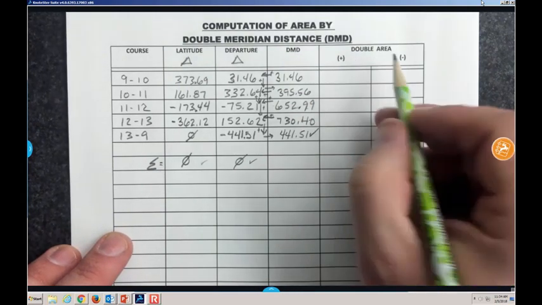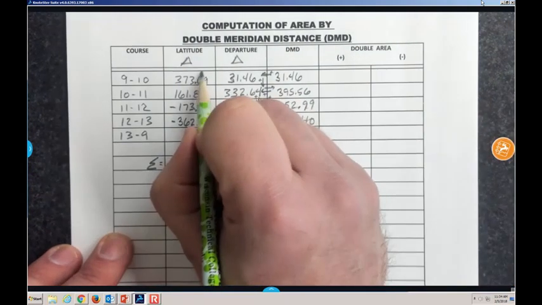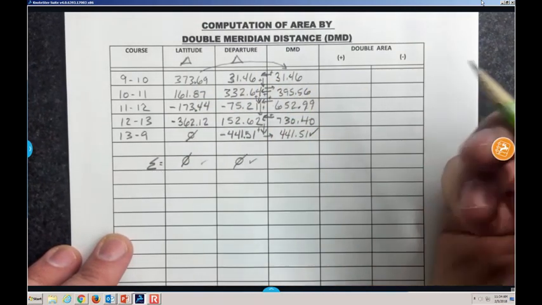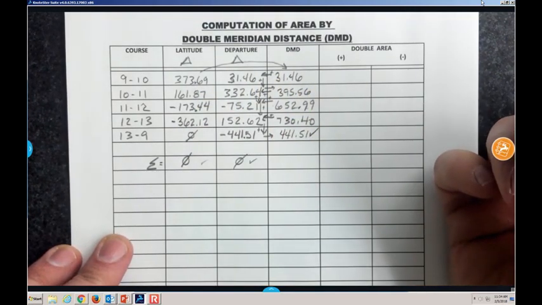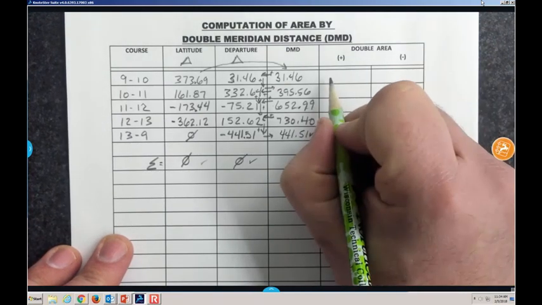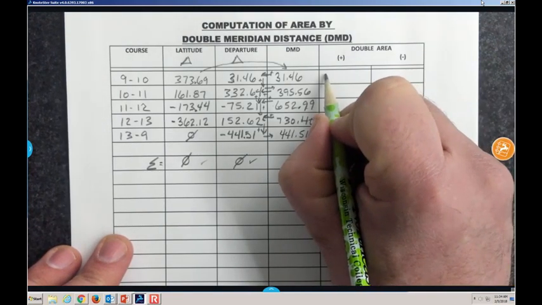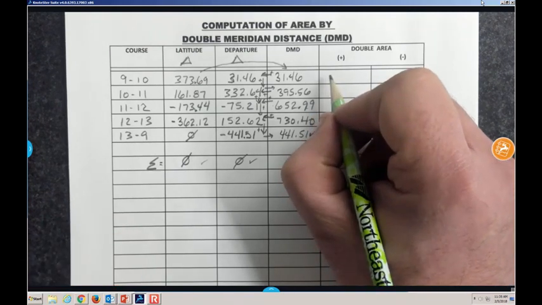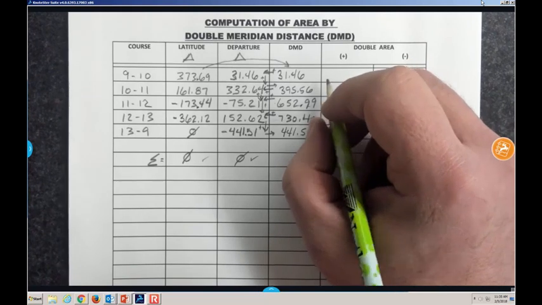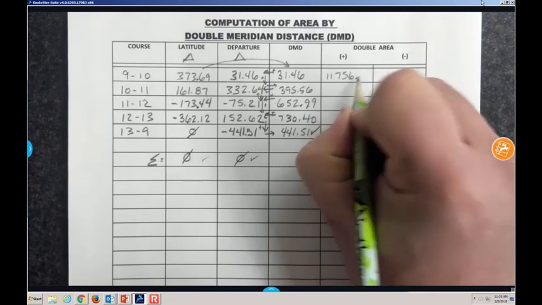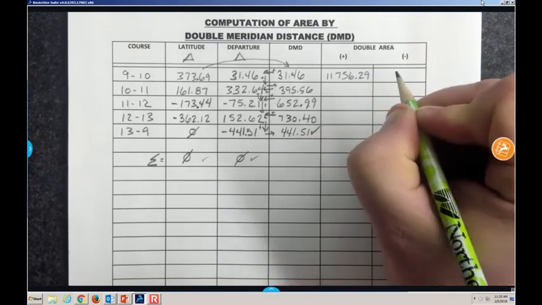Alright, let's find our area now. Our double area. So we'll take our latitude times the same course double meridian distance. And that'll give us our double area, which should be a positive, and is 11,756.29, and that's in the positive column.